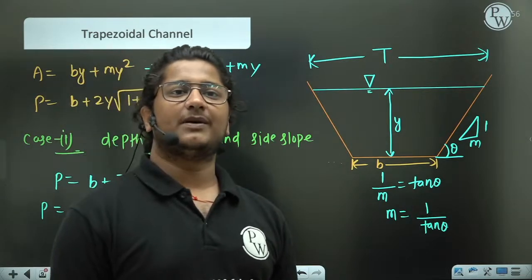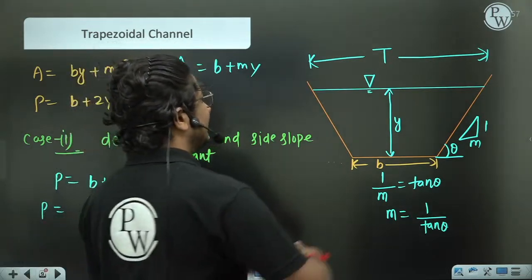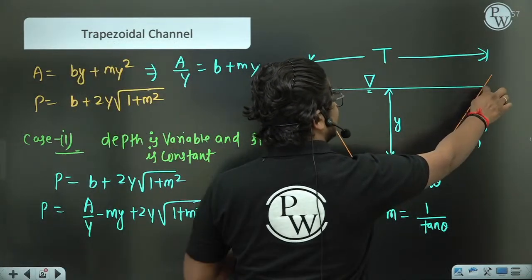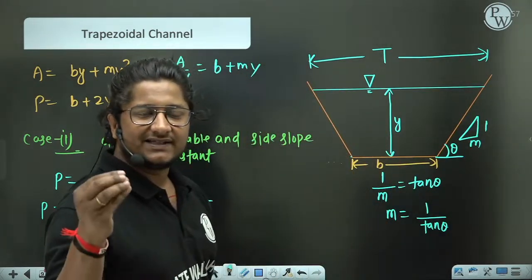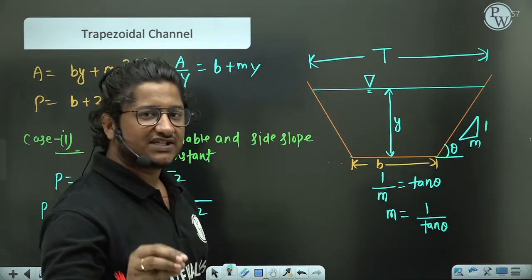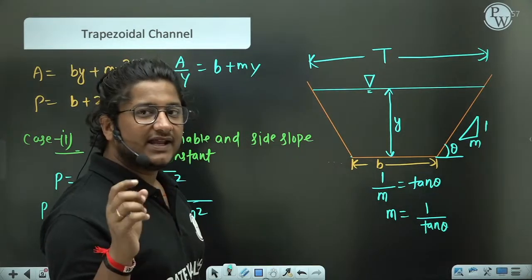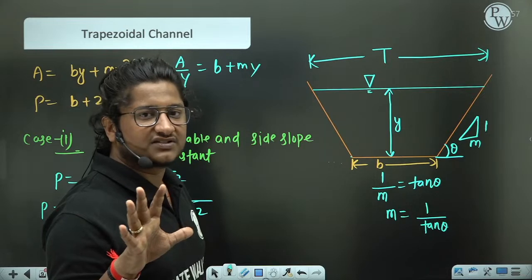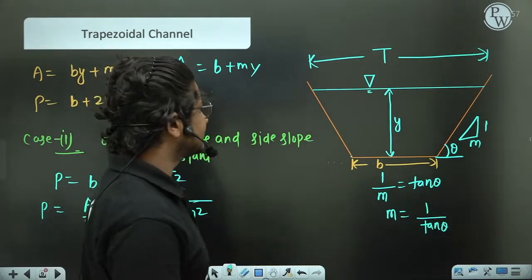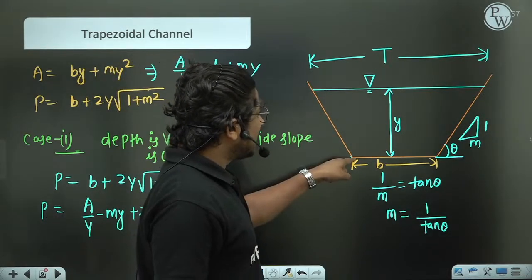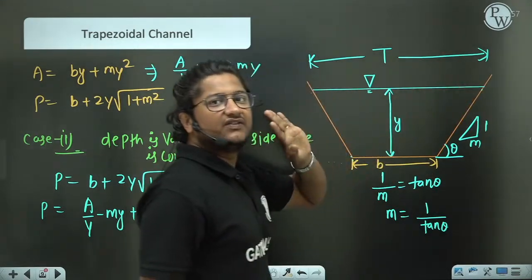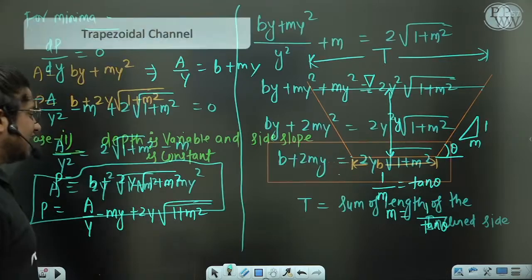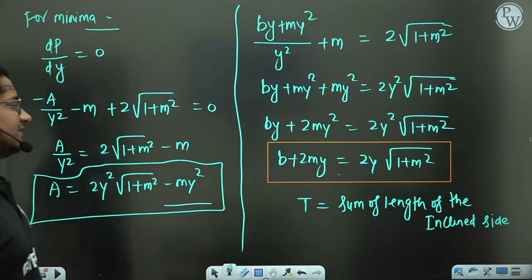It will give you the maximum discharge when the top width is equal to the sum of this inclined length plus this length. In that case, this section is the hydraulic efficient section, and here the area of the cross section we have taken constant. So this part plus this part will be given as top width. If this is there, it is nothing but the hydraulic efficient section.